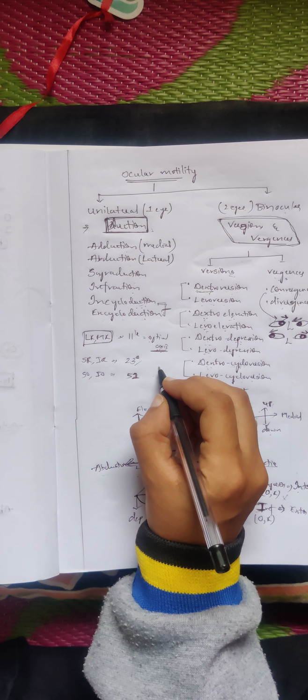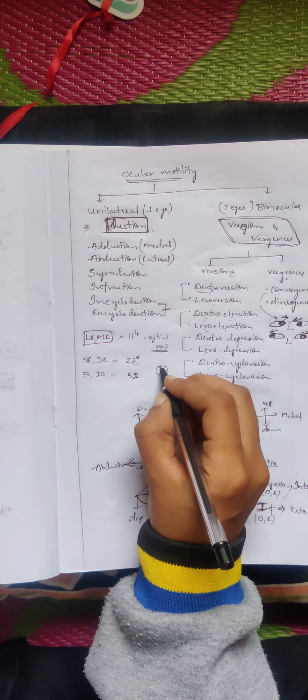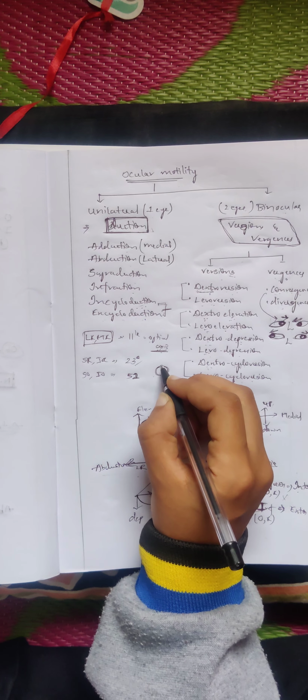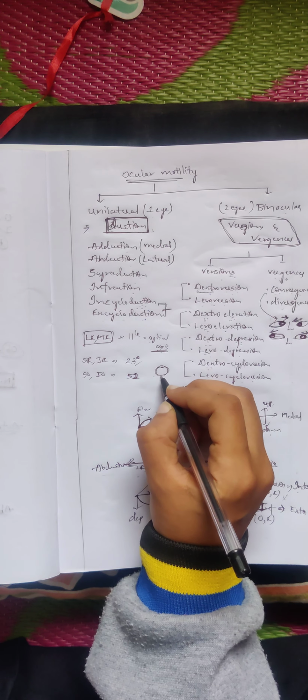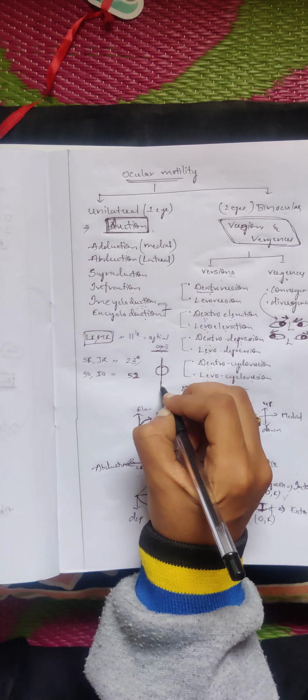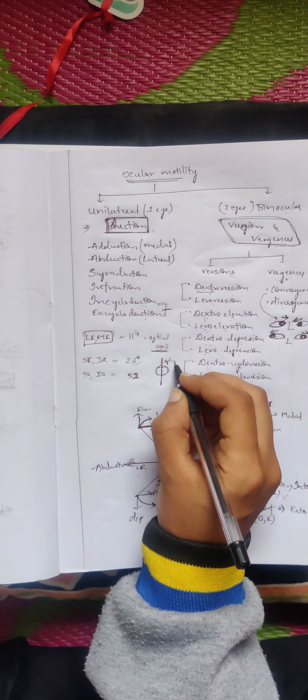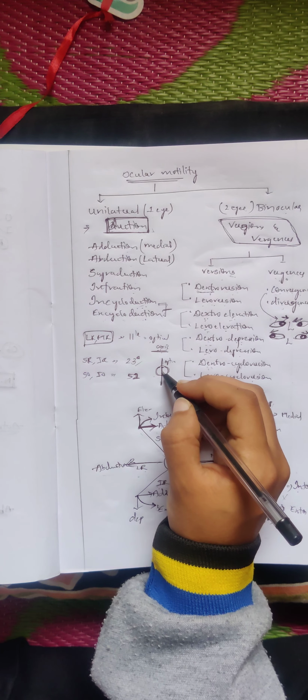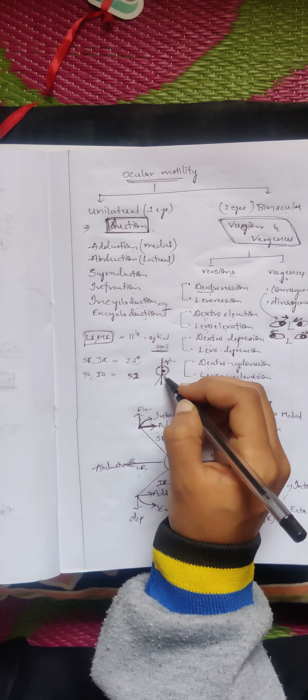So what is the optical axis? See, it is the eye, and this is the cornea, right? And here we have the pupil, and here is the fovea. So this is the optical axis. Here is the superior insertion of the superior rectus, and beneath this we have the inferior rectus.